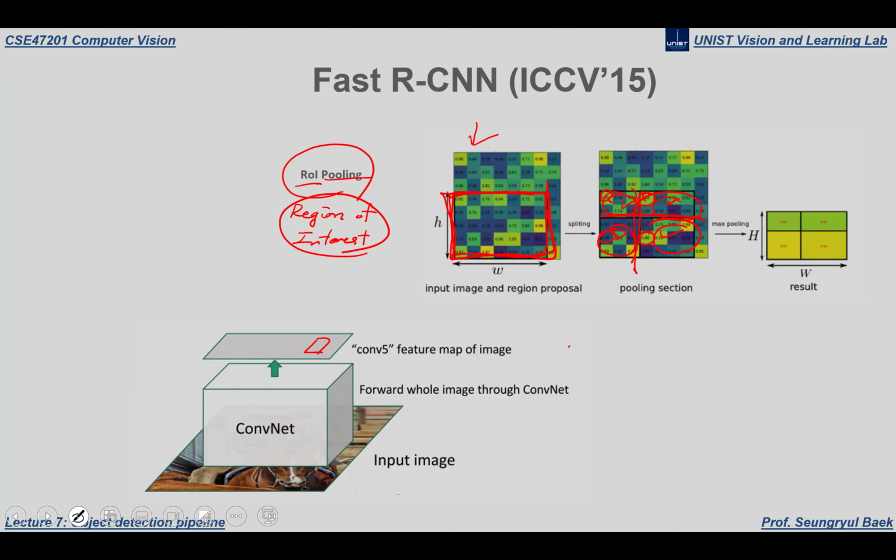Regardless of the width and height of the original selective search bounding box, we are dividing them into 2 by 2, and we can always get 4 pixels from this region, regardless of their width and height, right?